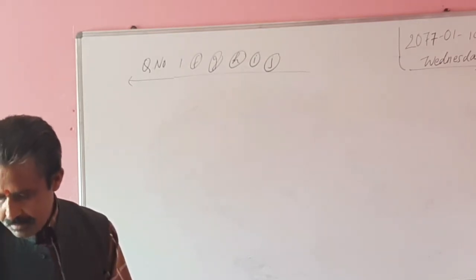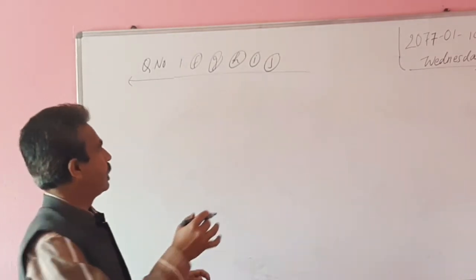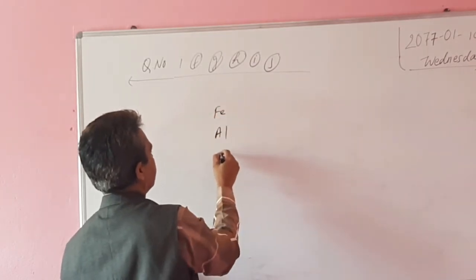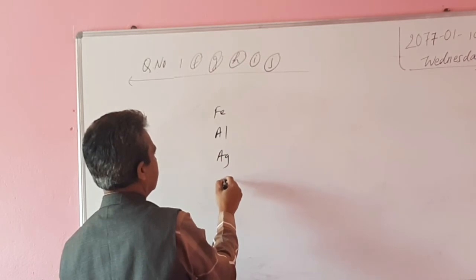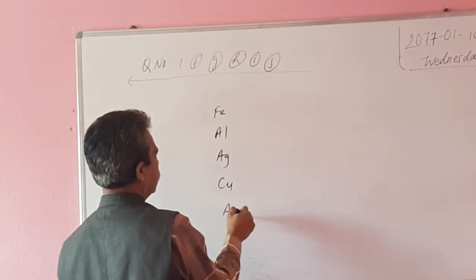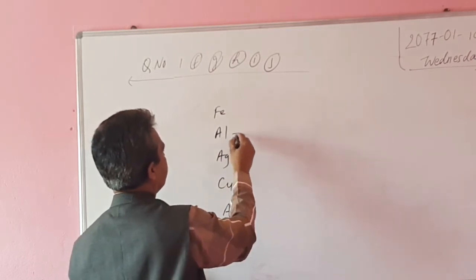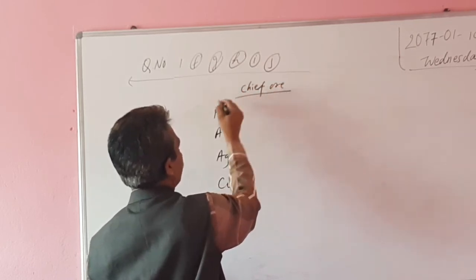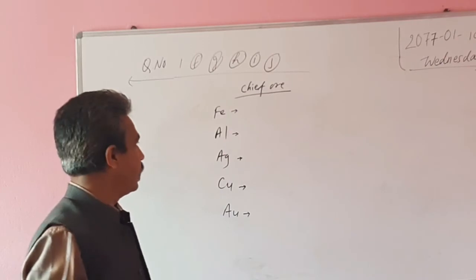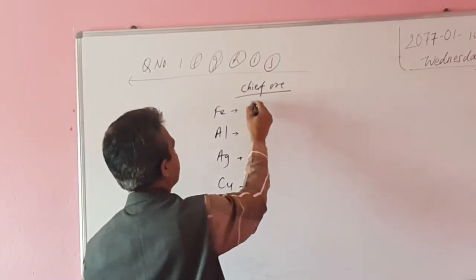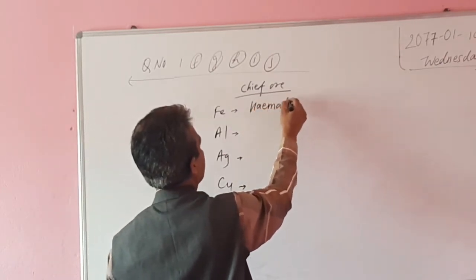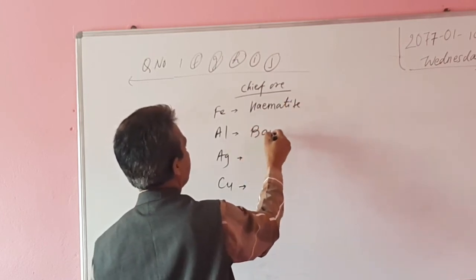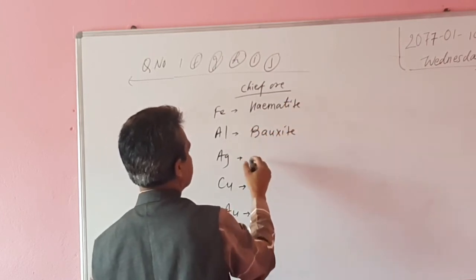One is, name the main ores of the metals iron, aluminum, silver, copper and gold. Tell me the main ore of iron. Hematite. Aluminum, bauxite.